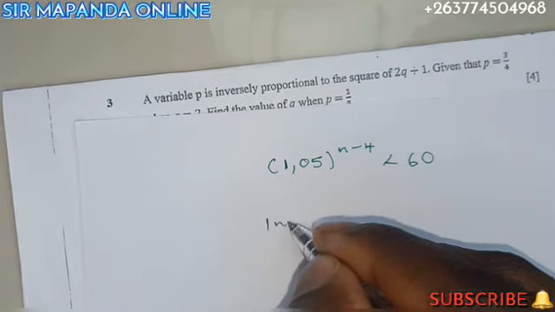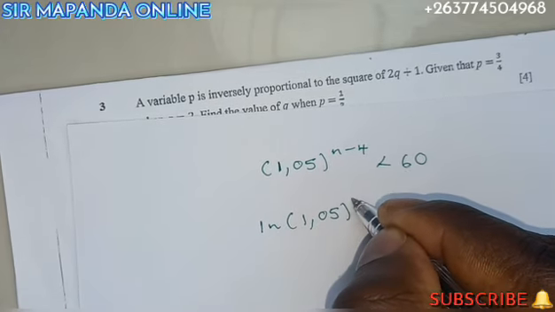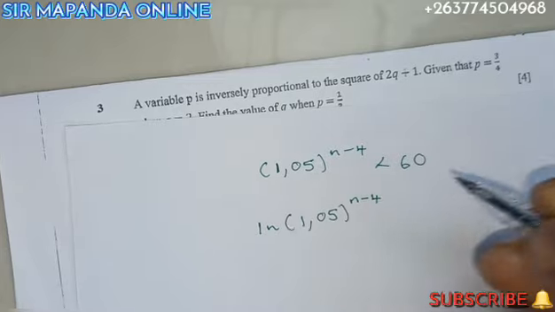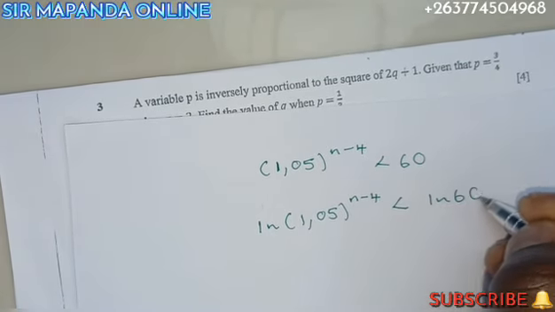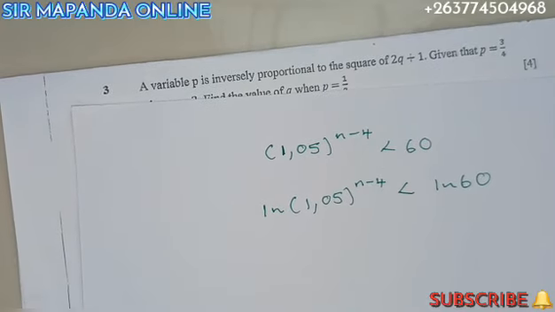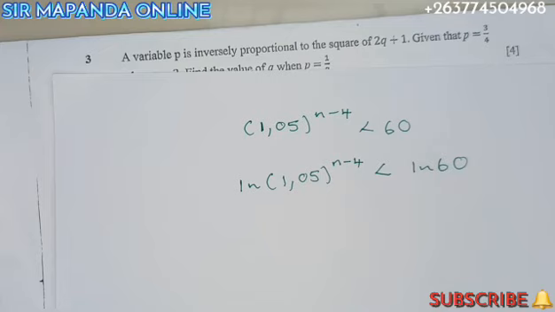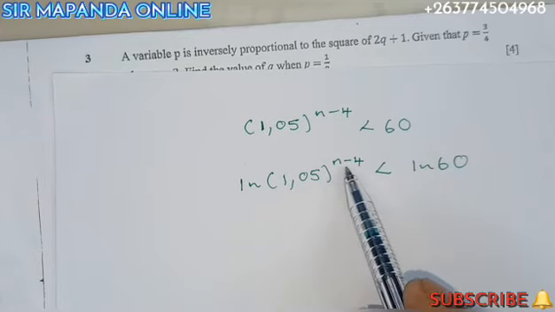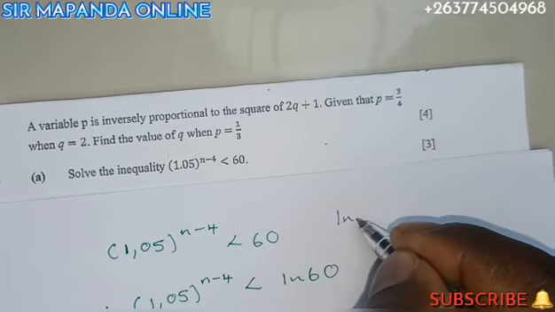So you get ln 1,05 to the power of n minus 4 is less than ln of 60, something like this. I hope you are following class. Right, then applying the power rule, we are going to bring this power down from the laws of logs.